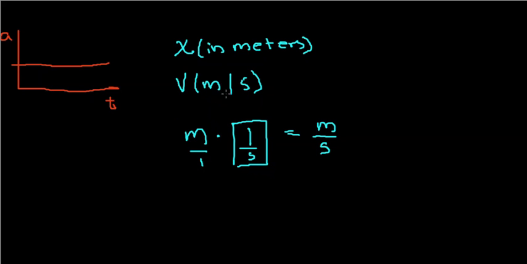Well, let's say at time t equals 0, the position is 7 meters. At time t equals 5, let's pick a random number, 37 meters.